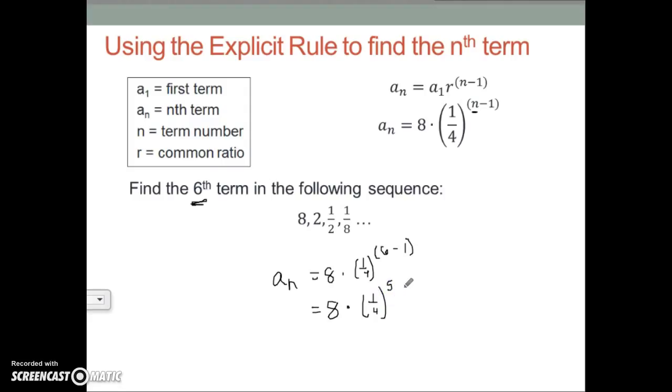Think of that as just being 1/4 times itself 5 times. 1/4 times itself 5 times is 1 over 1024. And this simplifies to 1 over 128. So this would be the 6th term of this sequence.